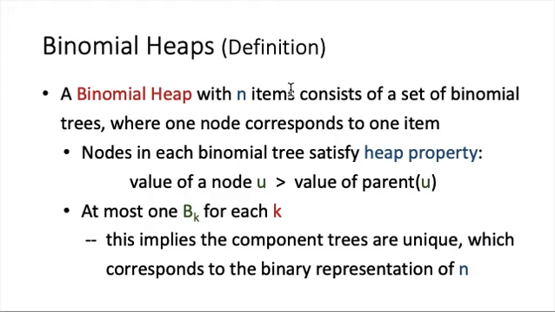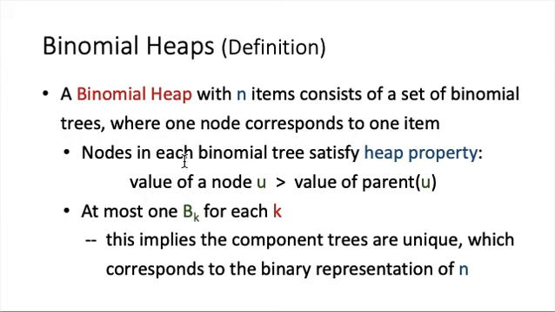Now, what is a binomial heap? A binomial heap with n items consists of a set of binomial trees, where each node in these trees corresponds to one item. So altogether, a binomial heap contains n nodes, and these n nodes form several binomial trees.